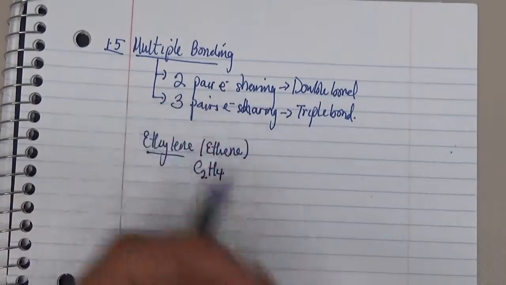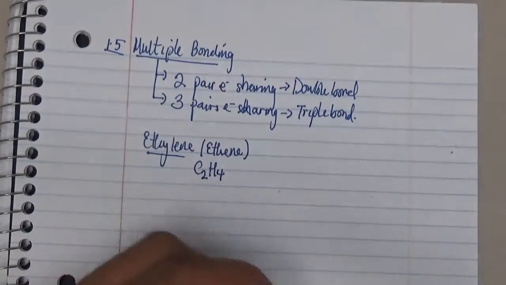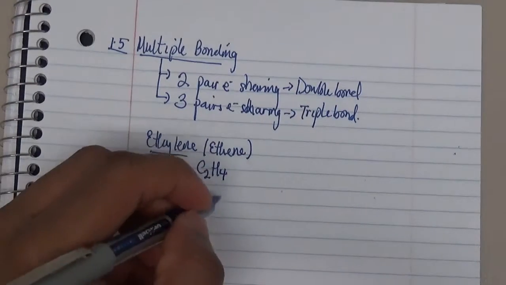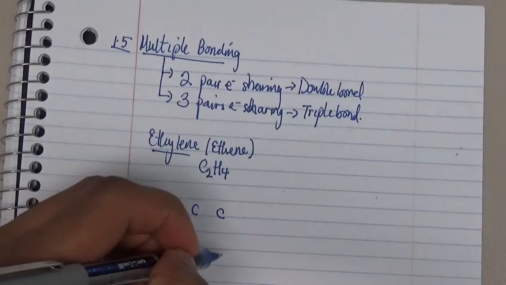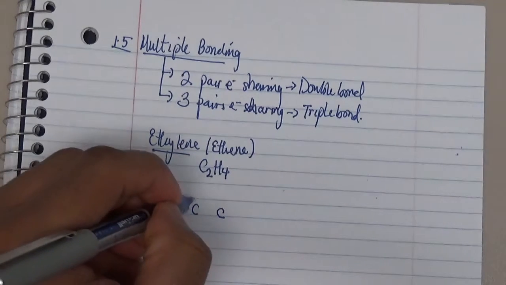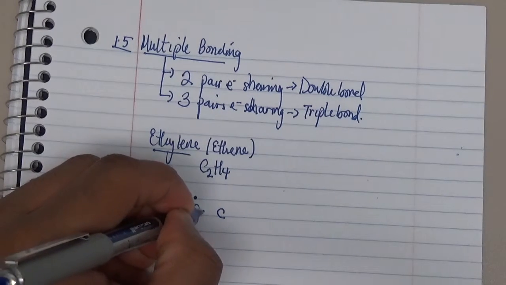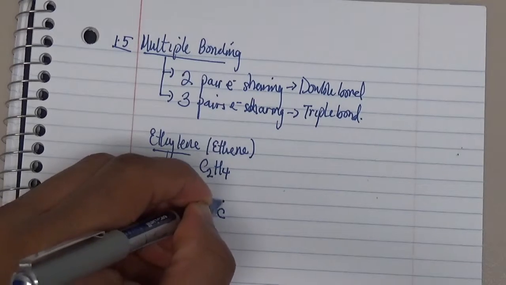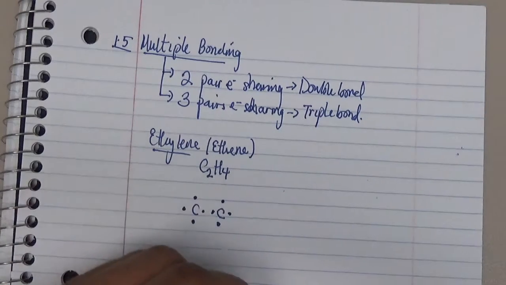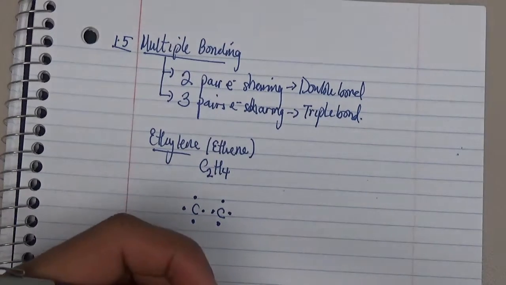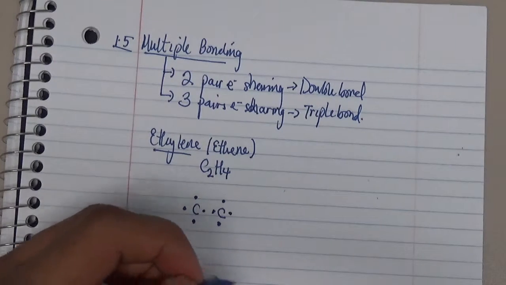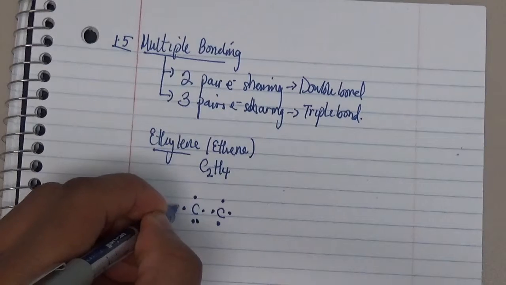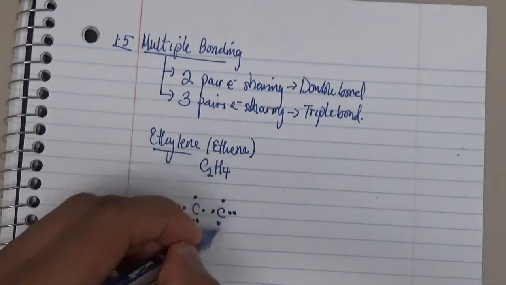If you want to draw the Lewis structure of this compound, you need to realize that you have two carbon atoms, both having 4 electrons each, positioned around here, and there are 4 hydrogen atoms, each containing 1 electron. So I add the 4 electrons evenly.